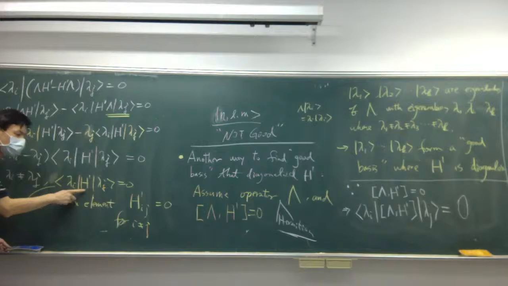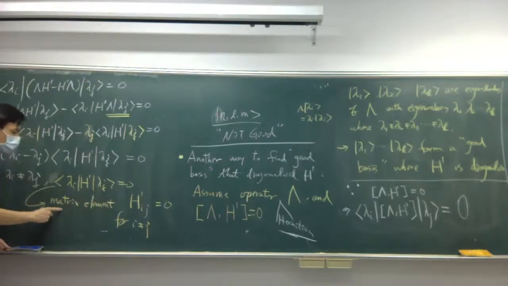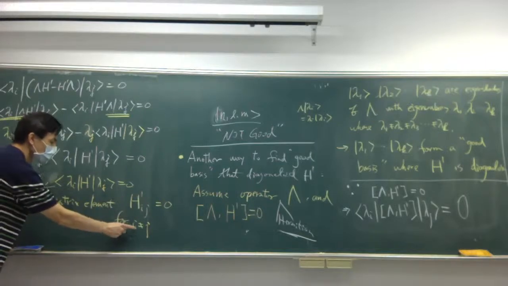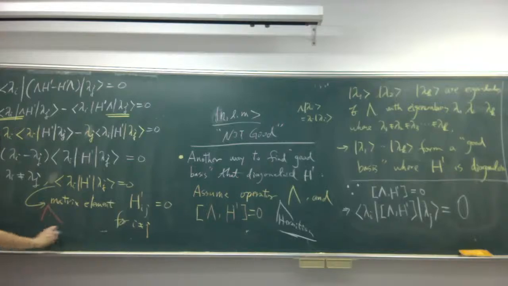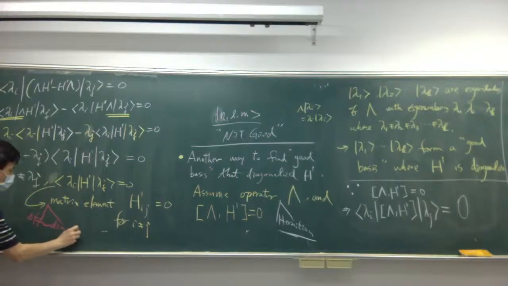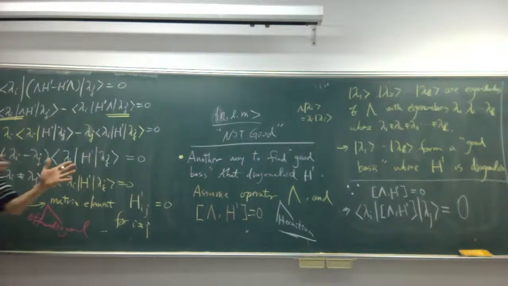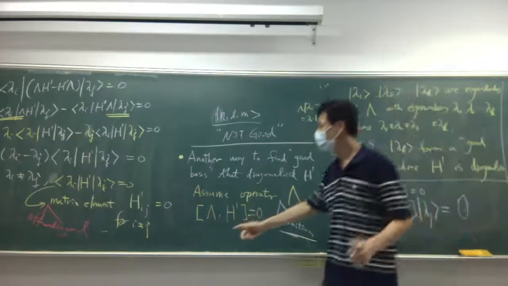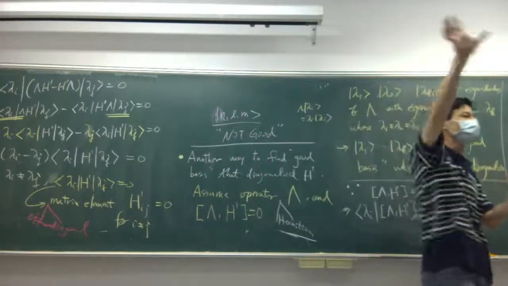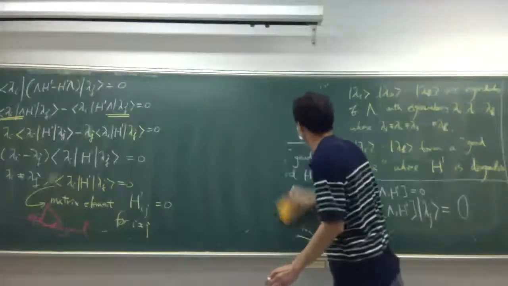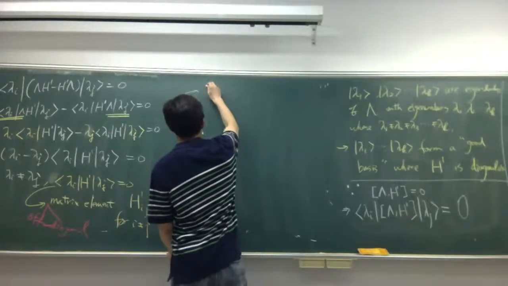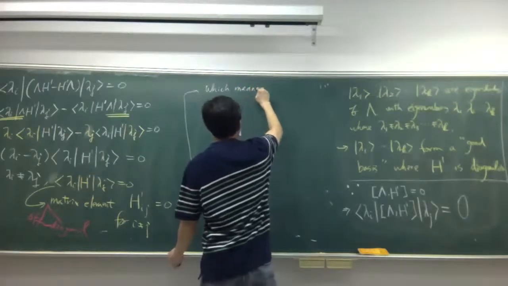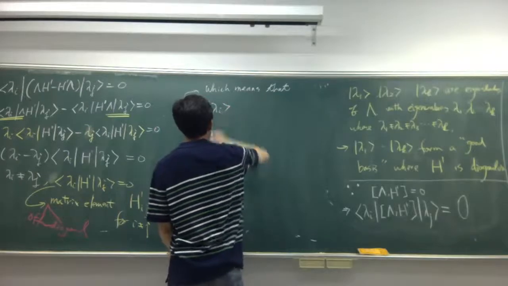When I is not equal to J, it must equal 0, meaning the matrix element IJ is 0 but I is not equal to J. That means the off-diagonal elements vanish. So I not equal to J and this element vanished, which means all of the off-diagonal elements vanished, which means that this lambda space is diagonalized.